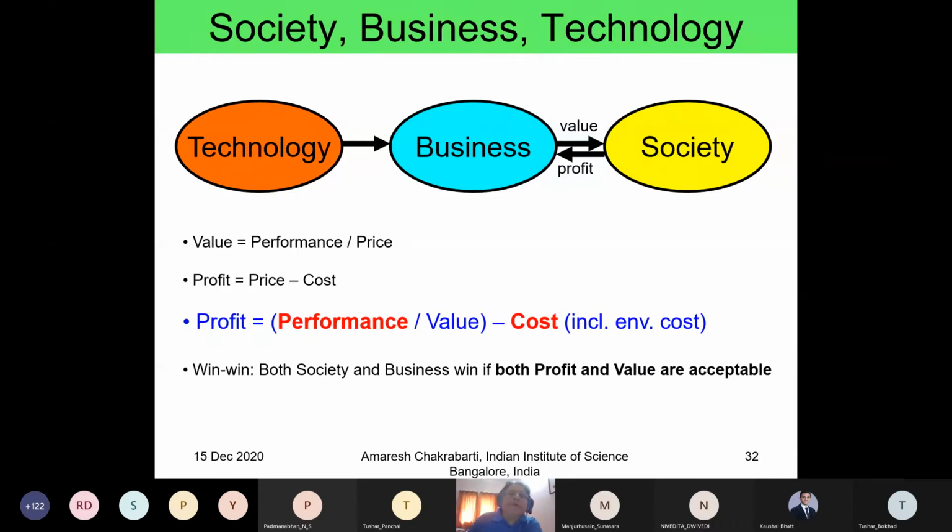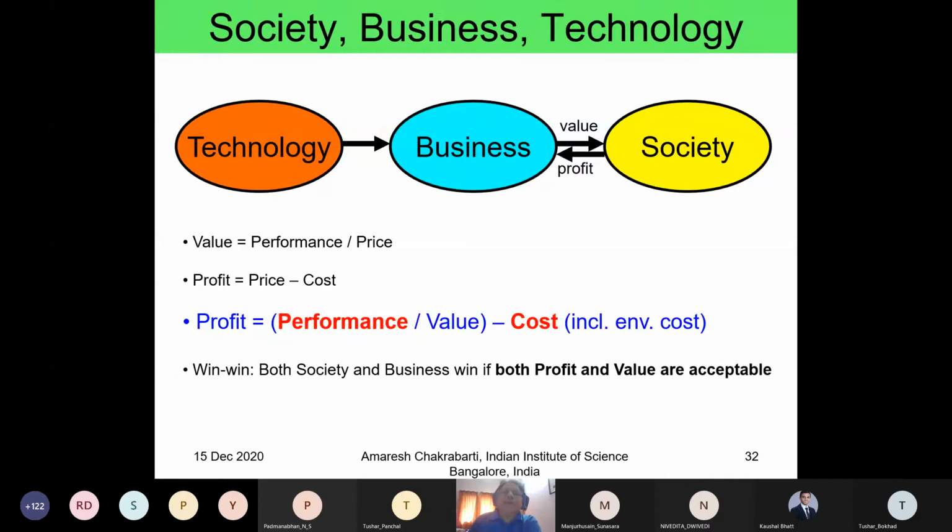And then for the win-win to happen, of course, value has to be high enough and profit has to be high enough. And as a designer, you have two elements in your hand. One is performance and the other is cost, because price is external to you as a designer, and therefore it is decided more by the market rather than you.